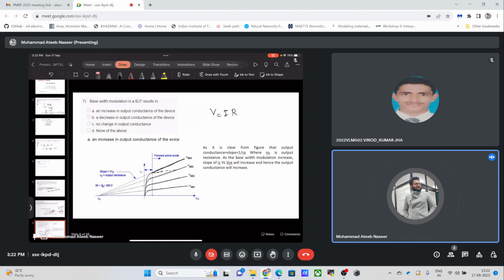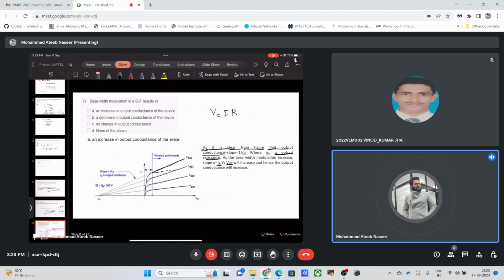It has been written over here, as is clear from the figure, that the output conductance is simply the slope, given by 1 by R naught, and this R naught is the output resistance. So as the base width modulation increases, the slope of IC with VCE will increase. Hence the output conductance will increase. It's as simple as that.